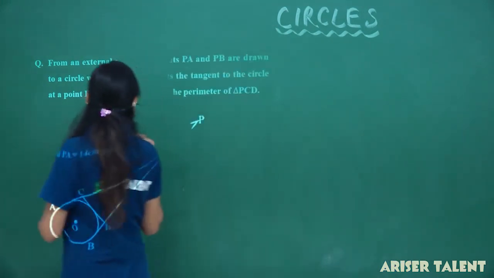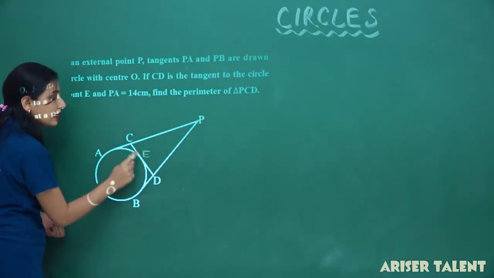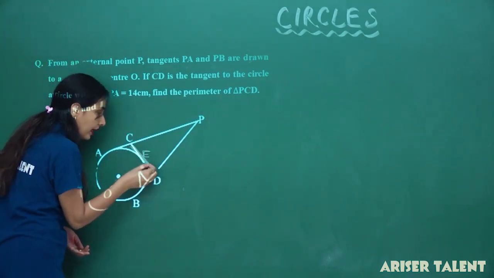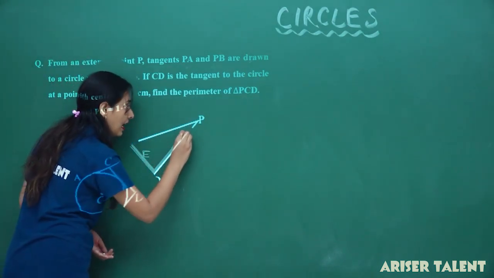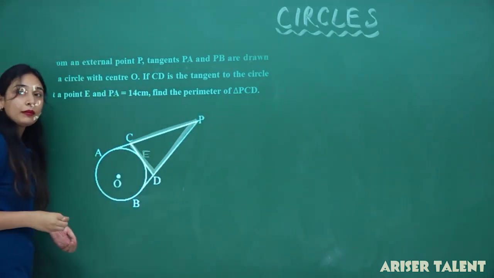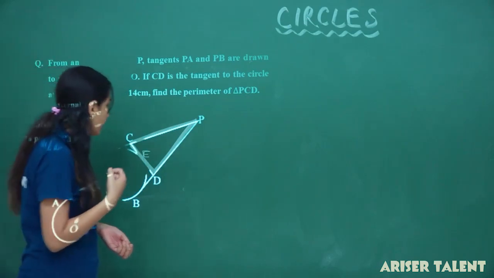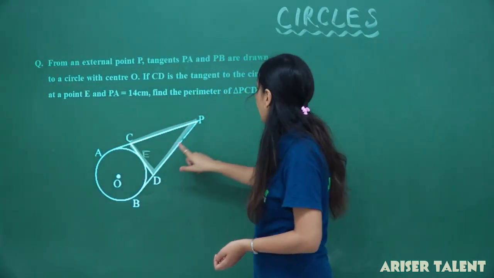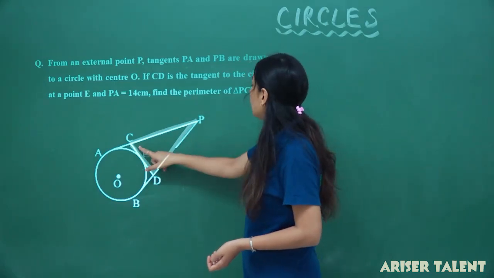So, find the perimeter of triangle PCD. We have to deal with this triangle and know its perimeter. In order to know the perimeter, I need to know the lengths of CD, DP and CP.